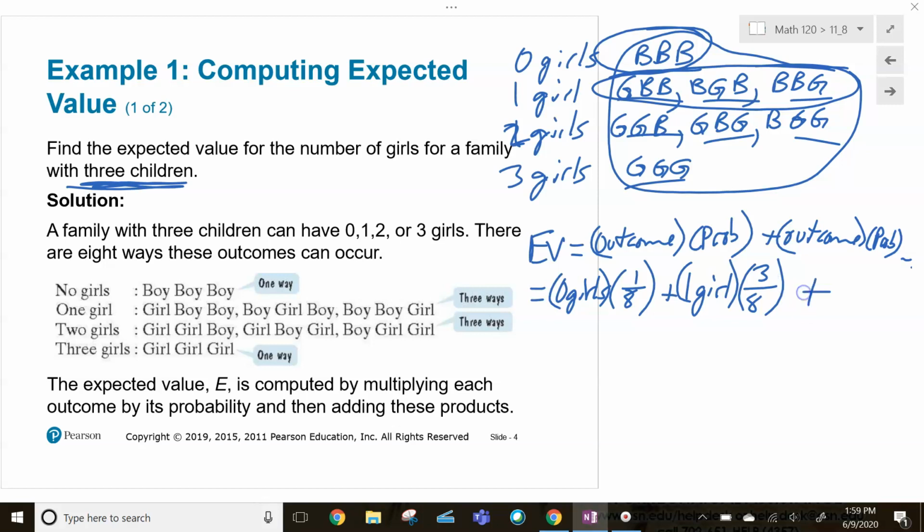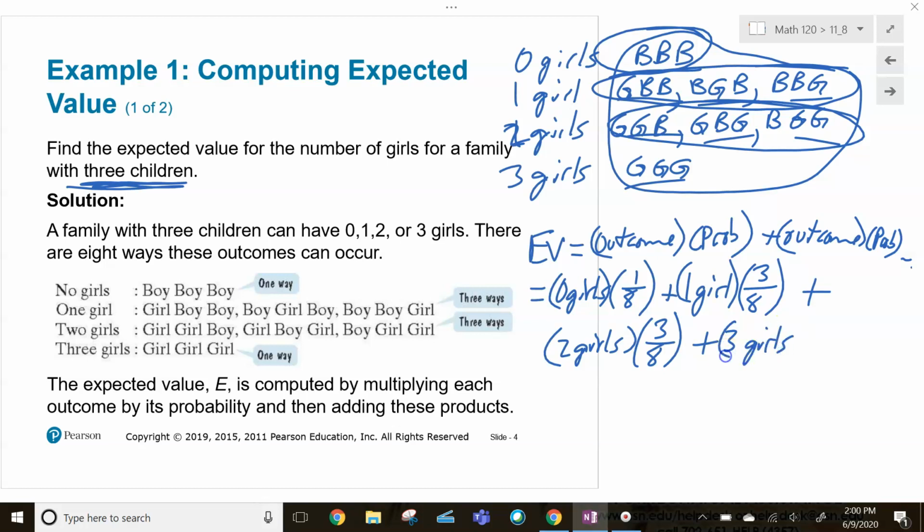I could have 2 girls, and there are 3 winners out of 8 ways. And finally, the last outcome is that all 3 are girls, and there's 1 way to have 3 girls out of 8.